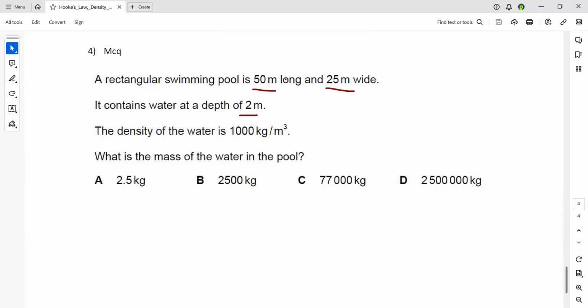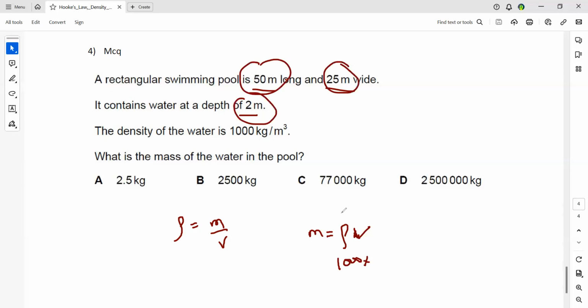If we need the mass, as we know, density is mass over volume. So mass is density times volume. The density is 1000 and the volume is the rectangular dimension: length, width, and height. When we multiply all the factors, it will be 50 multiplied by 25 multiplied by 2.